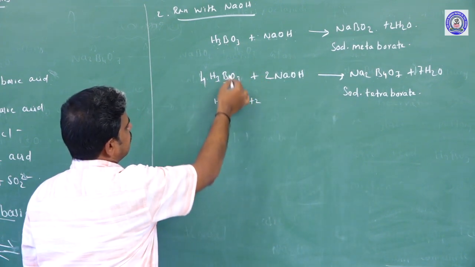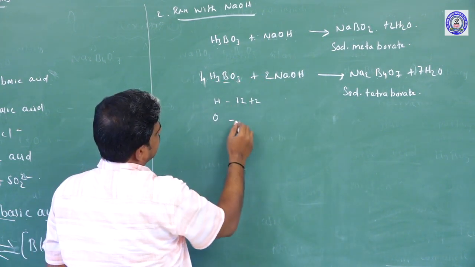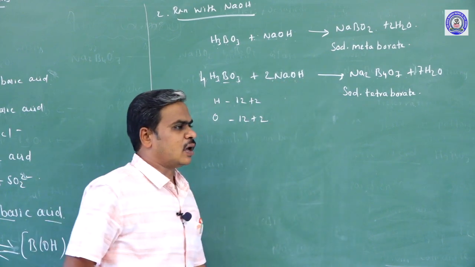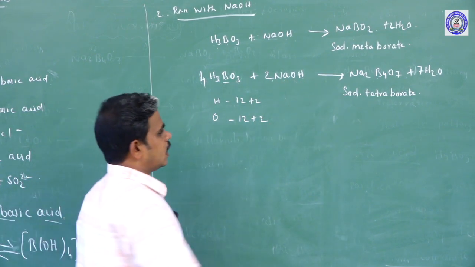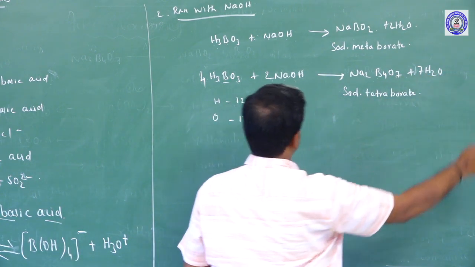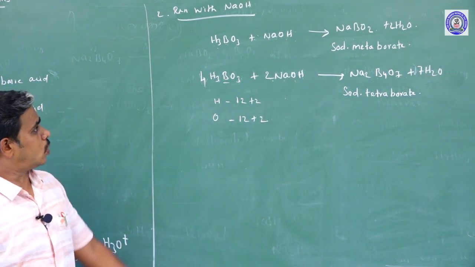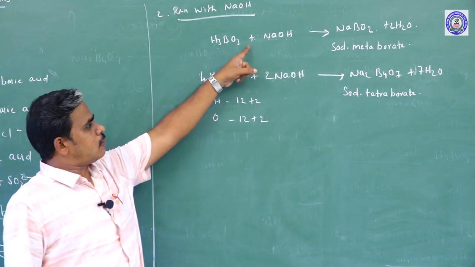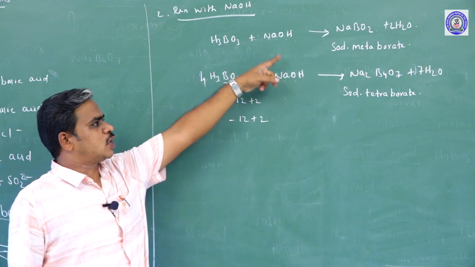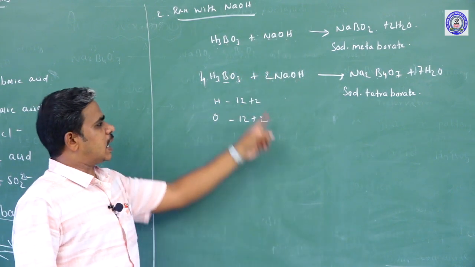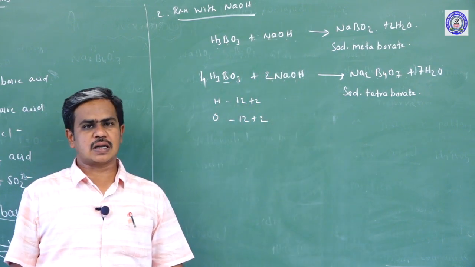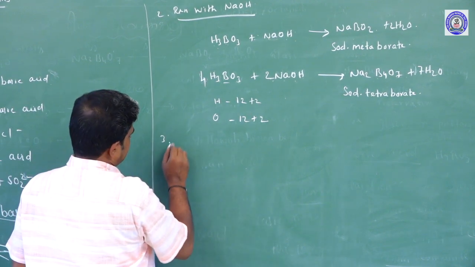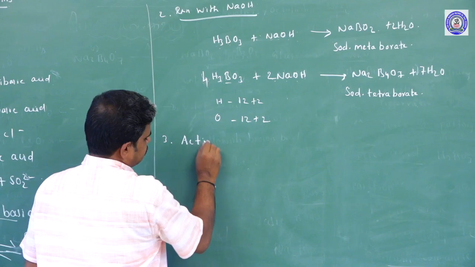Now oxygen: it is 12 plus 2, so 14 oxygen is there. Now it is 7 and 7, so it is balanced. So, reaction with 1 molecule of sodium hydroxide gives sodium metaborate and 2 molecules of sodium hydroxide gives sodium tetraborate. And the third one is action of heat.